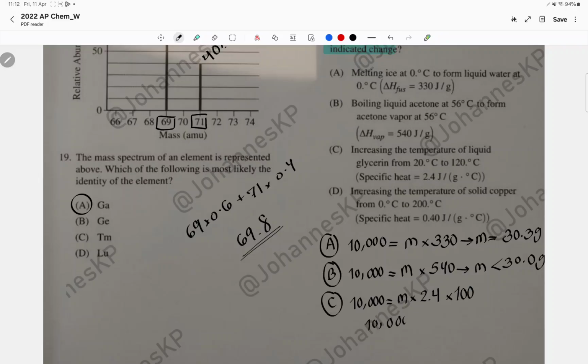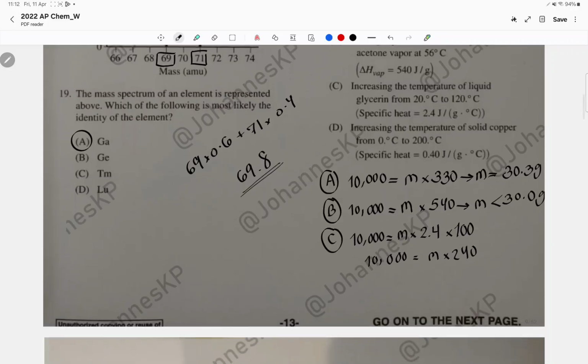So 10,000 is equal to M times 240. That should be more than 30, right? So what's that over 240? That should be 41.7.